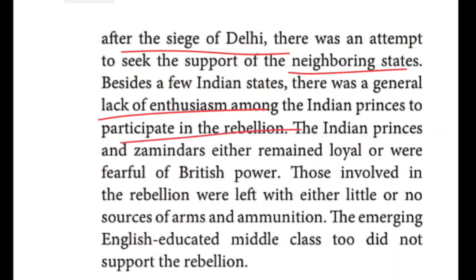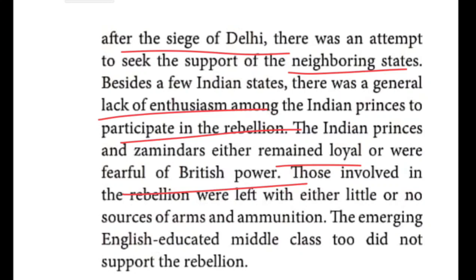Some Indian princes as well as zamindars were loyal to the British. This is one more cause for the failure of the revolt of 1857: lack of cooperation and lack of unity.